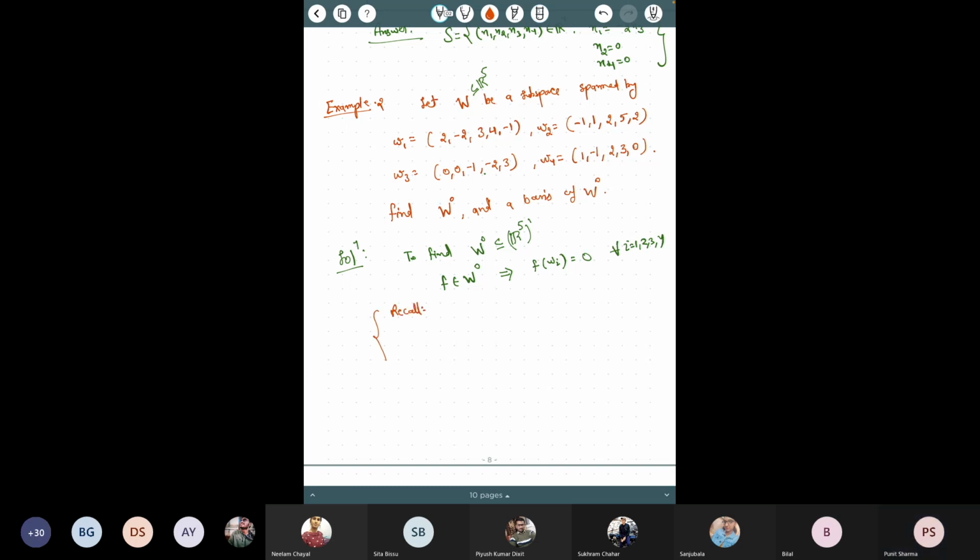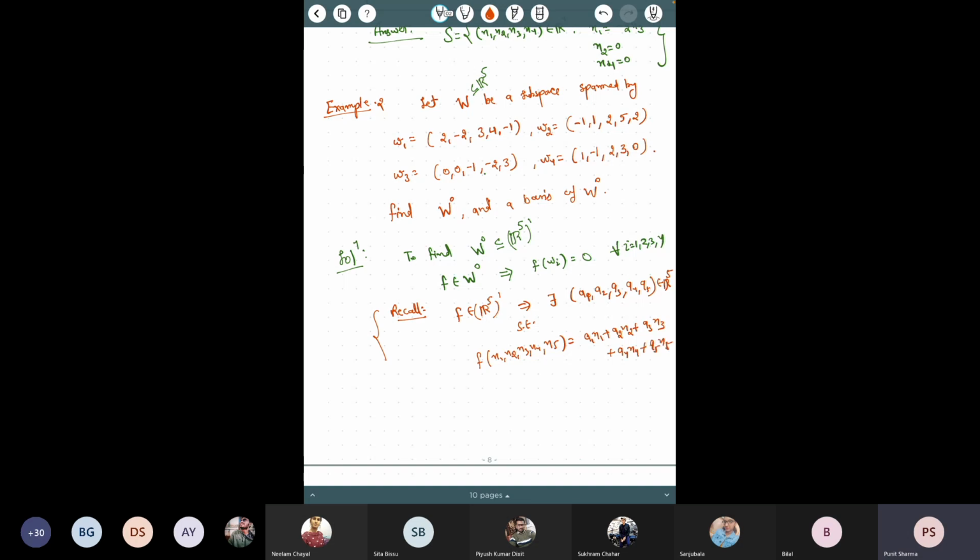Recall that if f is in R5 dash, then there exist, let's say, A1, A2, A3, A4, A5 in R5, such that f would be of this form: if I take x1, x2, x3, x4, x5, then this would be of the form a1 x1 plus a2 x2 plus a3 x3 plus a4 x4 plus a5 x5.